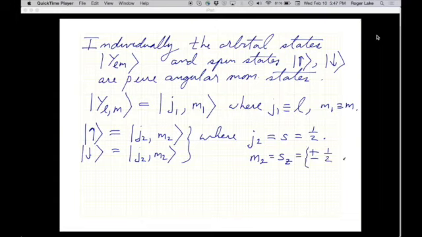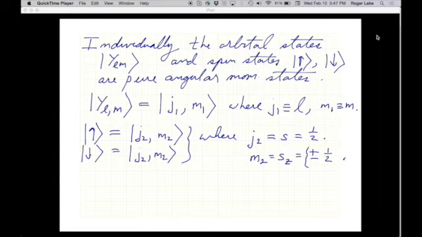So we're going to be using this notation that we use for the total angular momentum states for each one. J1 M1 represents the orbital angular momentum and its z component. J2 M2 is the spin angular momentum and its z component.